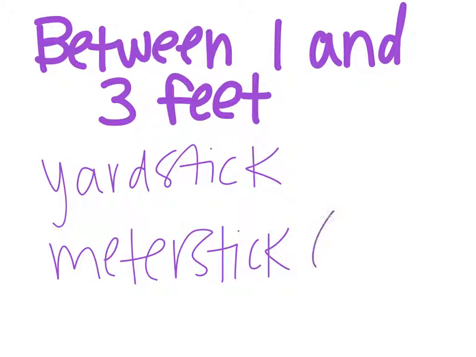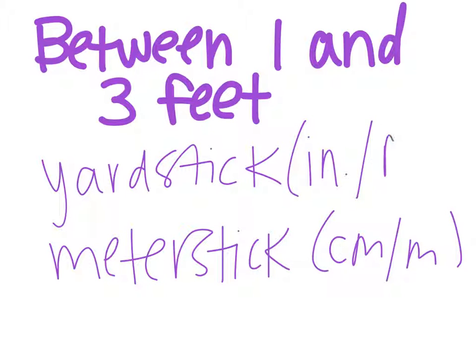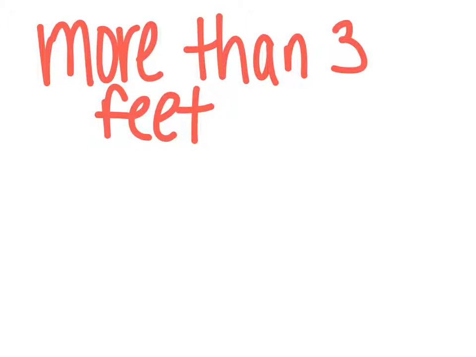Remember that our meter stick is going to be in centimeters or meters, and our yardstick is going to be in inches or feet. Lastly, if we have an object that is more than 3 feet, we are going to use our tape measure.